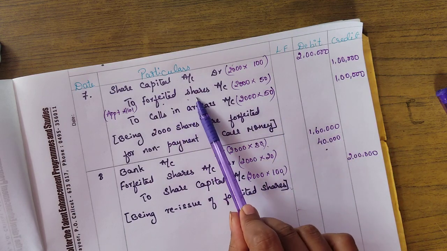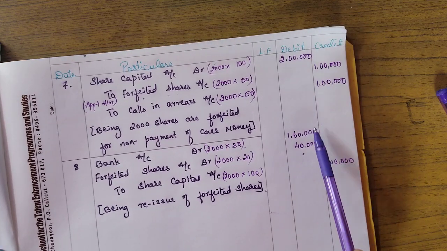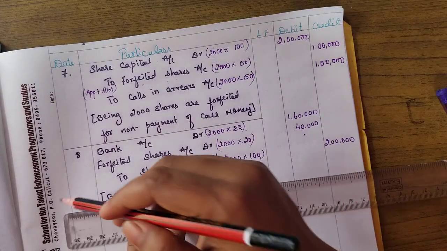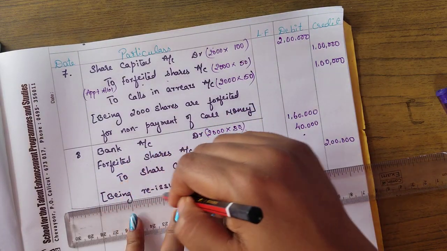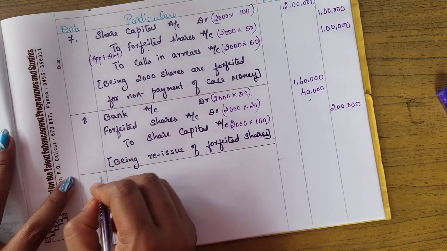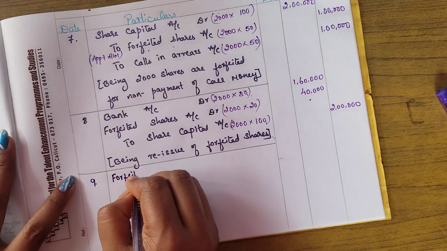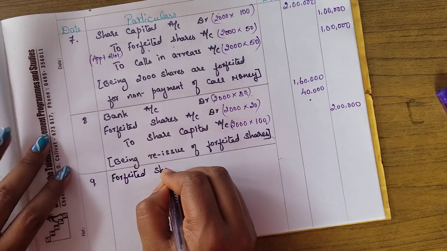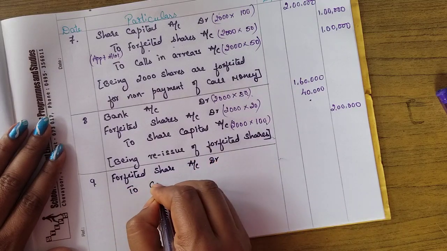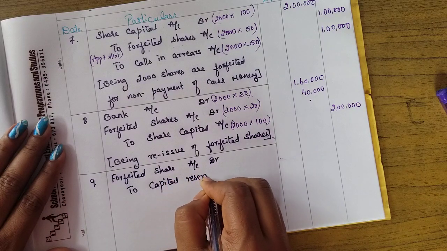Okay, so previously in the forfeited shares account there is 1 lakh. With this 1 lakh they are going to adjust the 40,000. So we are going to show that in the next entry, that is the last entry. Once it is adjusted, the remaining amount will be transferred to the capital reserves. Forfeited shares account debtor to capital reserves account.